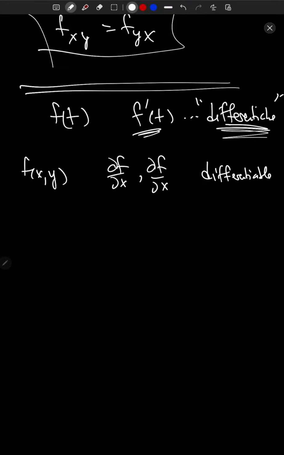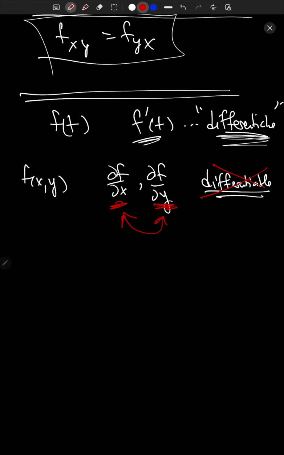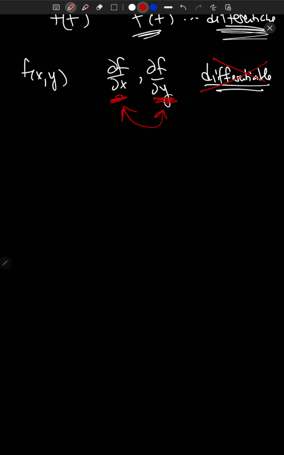Differentiable is reserved for functions where not just df/dx and df/dy exist, but df/dx and df/dy can tell me everything about how my function changes in all other directions. Okay.